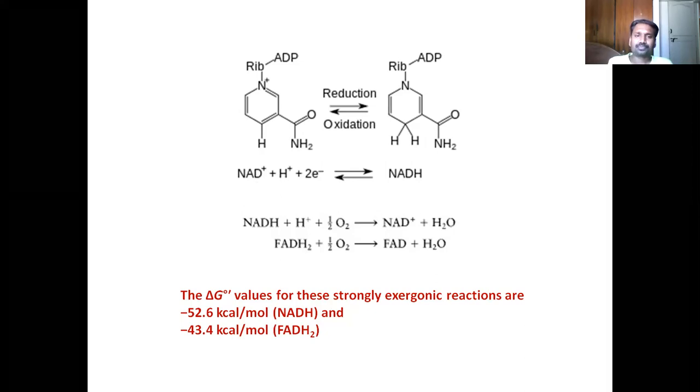So, these electrons, in this equation, what is the problem? The equation which I have written, I have not shown you who is oxidizing NADH, right? I've just shown a reversible equation where NAD plus can be reduced to NADH, NADH can be oxidized to NAD plus.